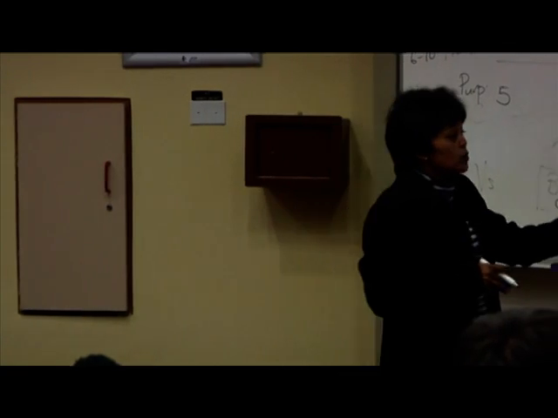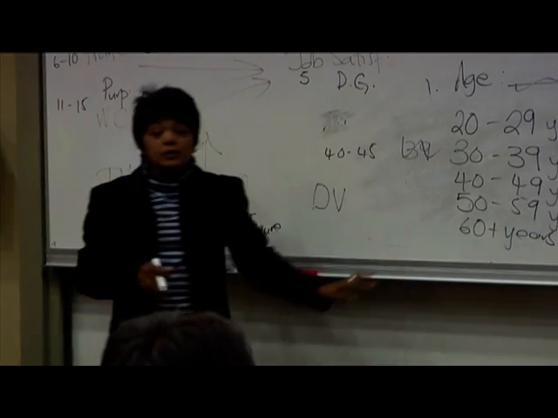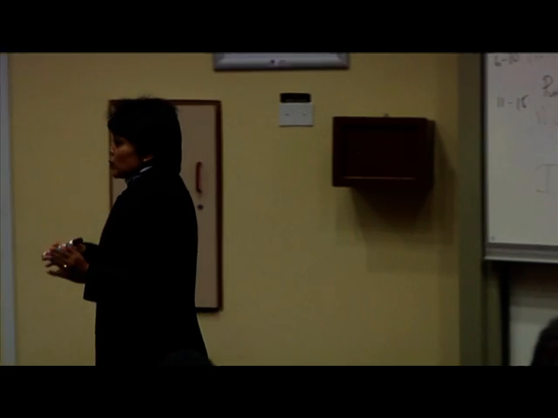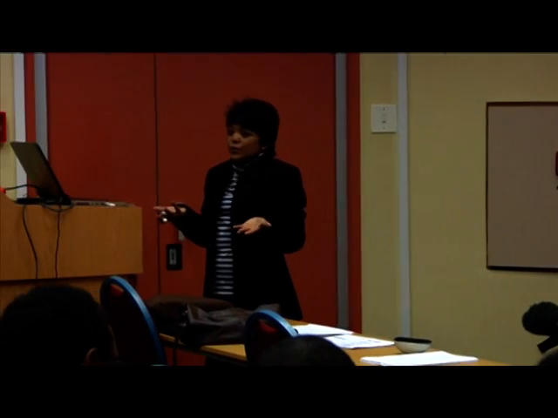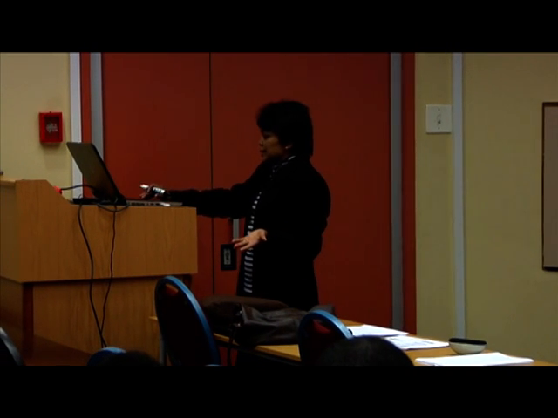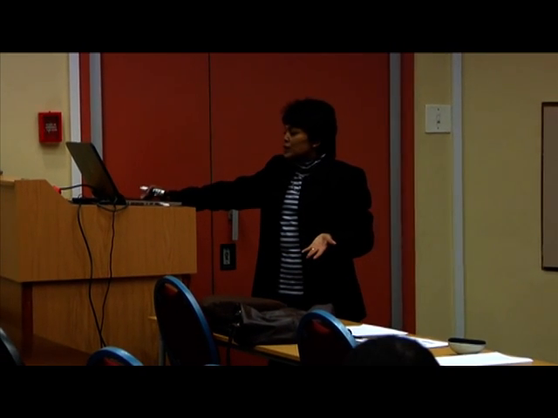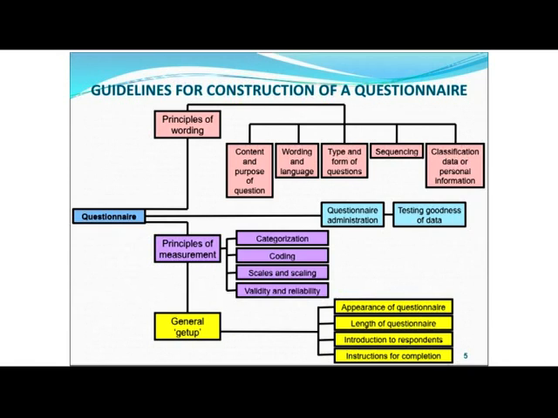Coding is the pre-coding that we do. We always code our items in the questionnaire before it goes out, so when you come back, it's already coded for you, and you can capture it very easily. There is also the aspect of post-coding, and I will come to that when we have our open-ended question. It applies there.